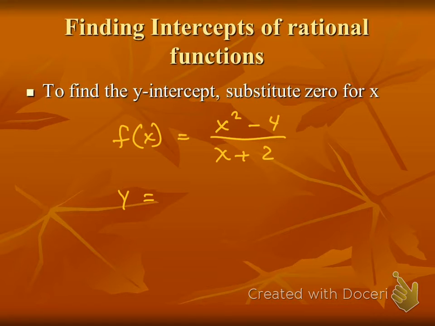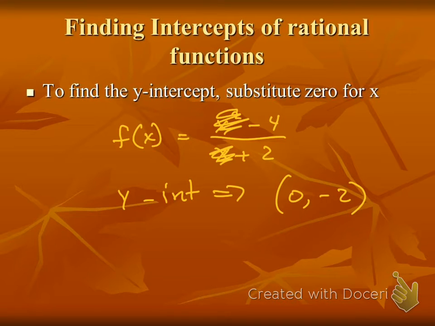The y-intercept is, x is 0, y is negative 2. So that gives us a point on the graph. You just substitute 0 for x, and we're left with negative 4 over 2, which gives us negative 2. So that's how you would find the y-intercept, substitute 0 for x if you can.